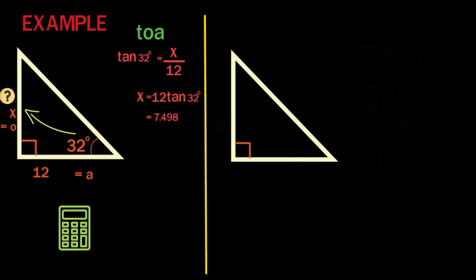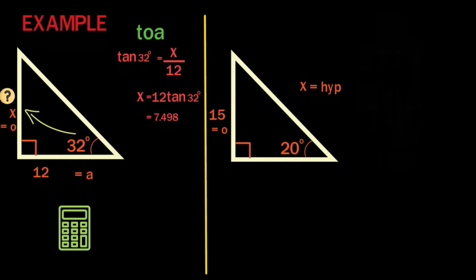Let's try another example. Now we want to find x, which is the hypotenuse, and we have the value 15 here, and the angle here is 20 degrees. 15 is opposite of this angle, so this side is called opposite.